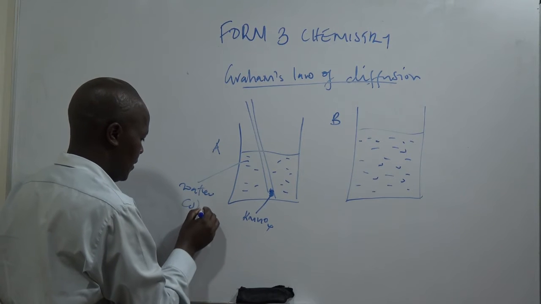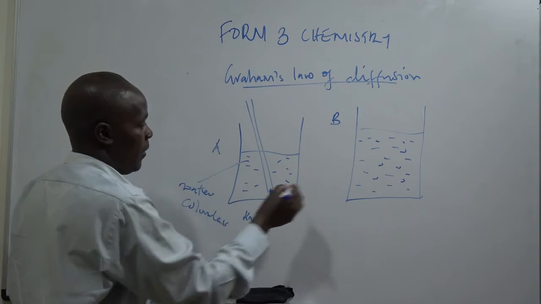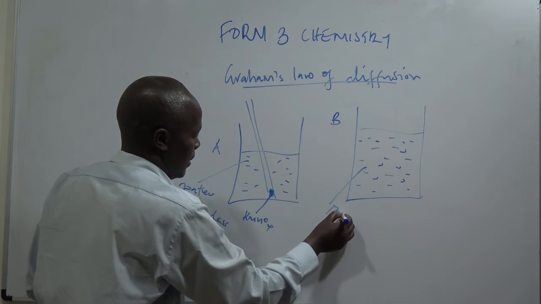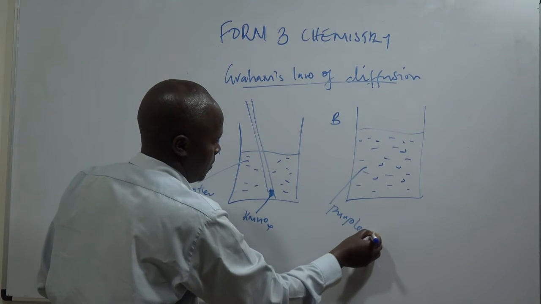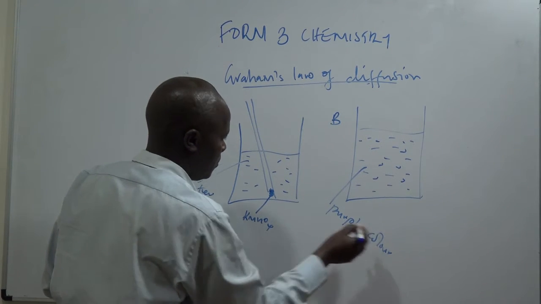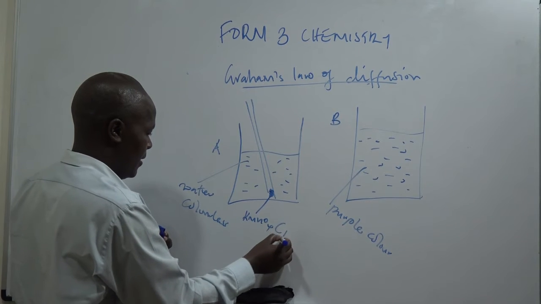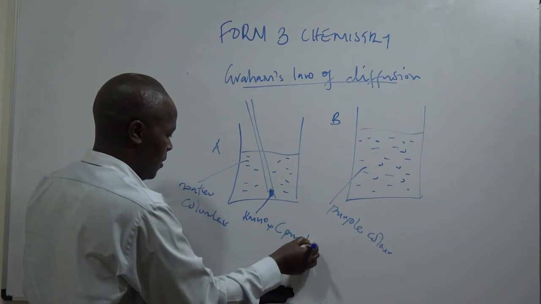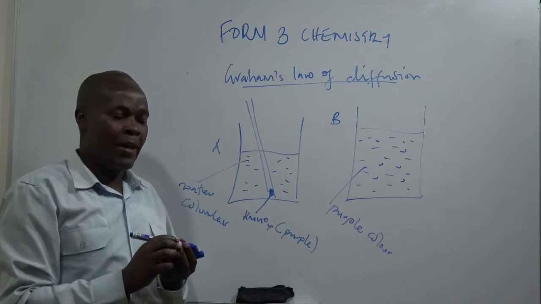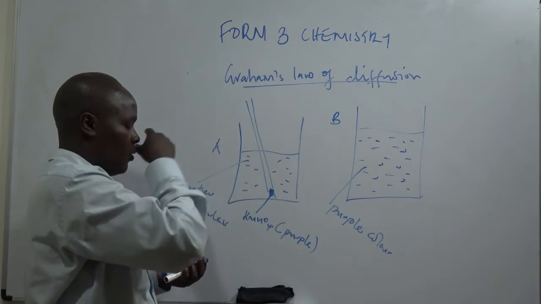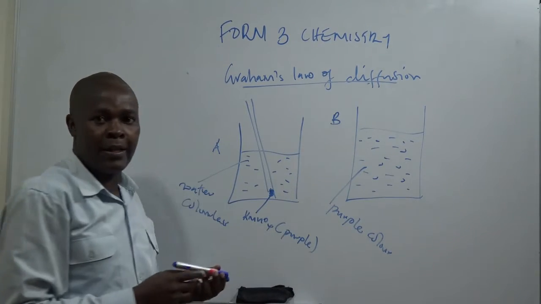This is colorless, and then we have purple color. Initially the potassium permanganate here was purple in color, but after a while the color of the solution turns purple in the entire solution.